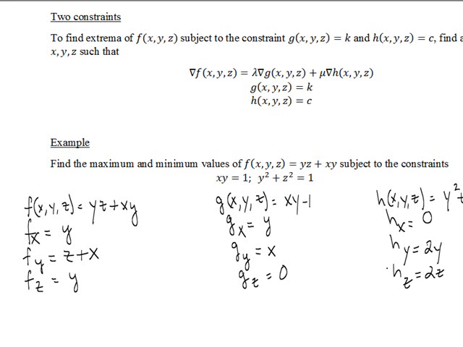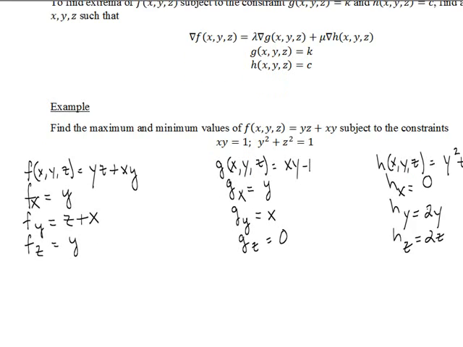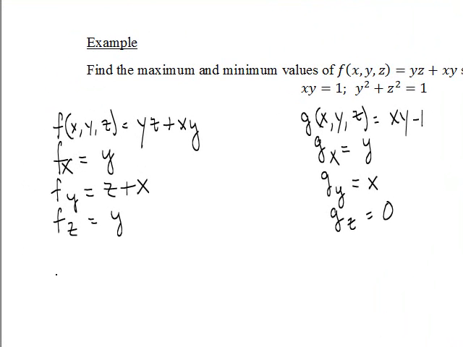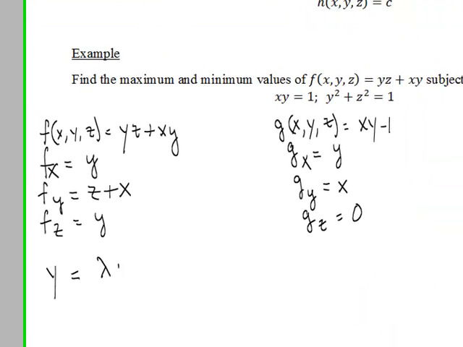Right. Let us set up our equations. So let's set up the first 3 with lambda and mu. Then the constraints. Okay? I think we might need more space than one sheet. Alright, so the first line we have y equals lambda y.